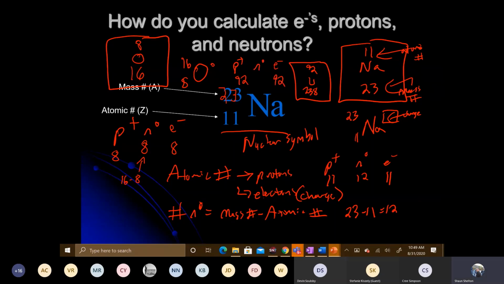To figure out the neutrons, we do 238 minus 92, which gives me 146 neutrons. What I want you to pay attention to is the fact that you have 146 neutrons and 92 protons.